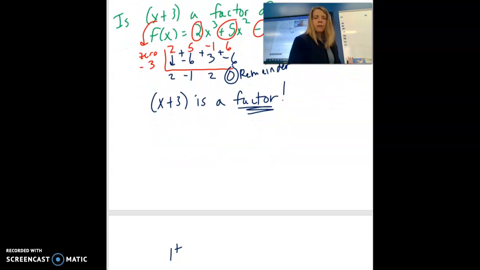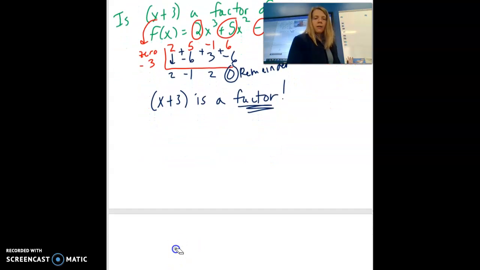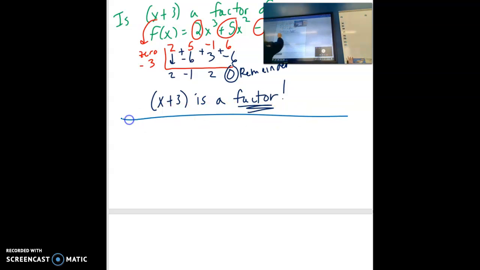So the last part of today is to divide out a factor and what would happen if I get a remainder. So the last problem, I got a remainder of 0. Now what would it look like if I didn't get a remainder of 0? Okay, so let's go ahead and divide. Let me grab a problem.